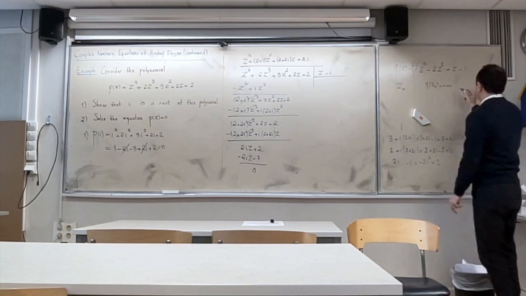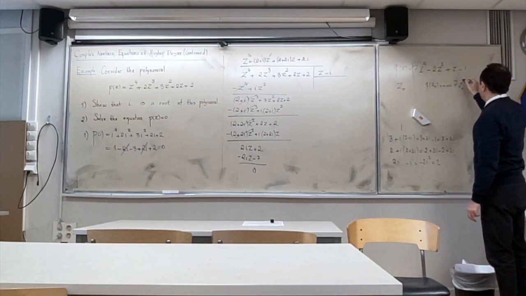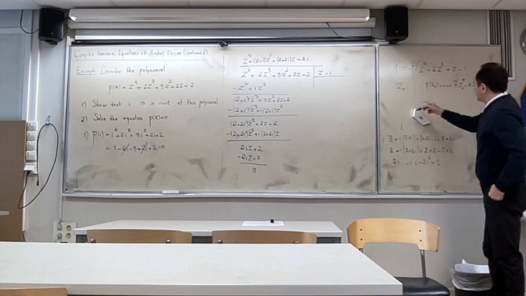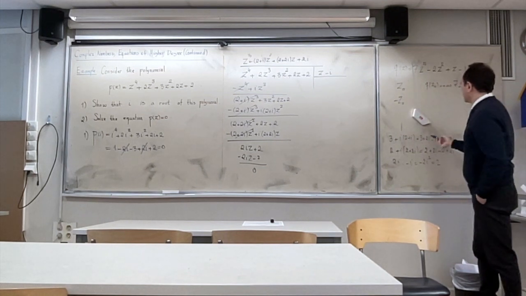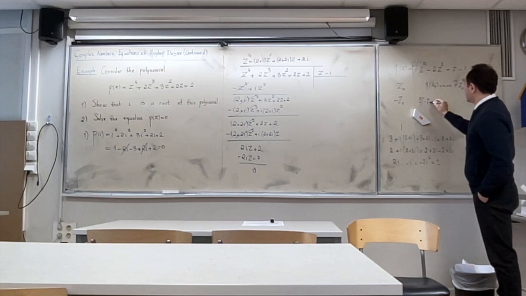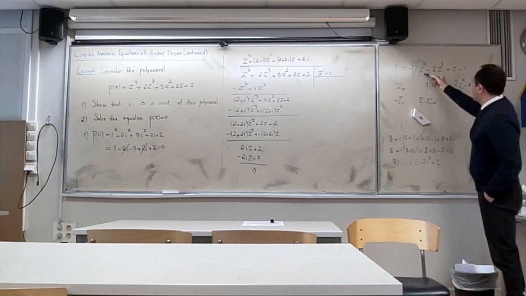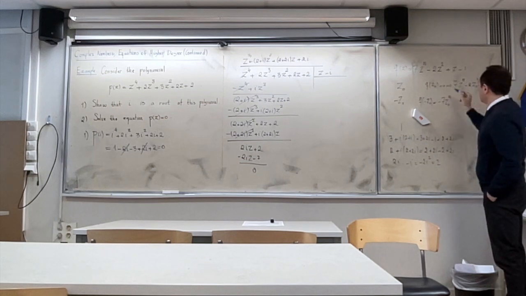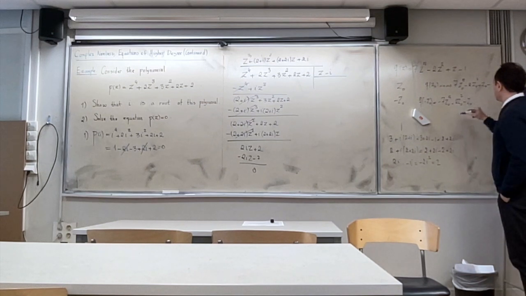So when I write 7z naught to power 5 minus 2z naught to power 2 plus z naught minus 1, you said negative z naught. Let us check. If I write Q of minus z naught, it becomes equal to, this becomes minus 7z naught to power 5, this becomes minus 2z naught squared, this becomes minus z naught, and then this becomes minus 1.